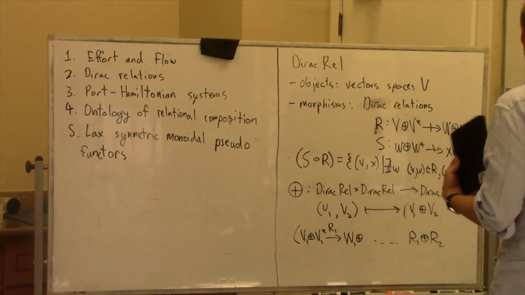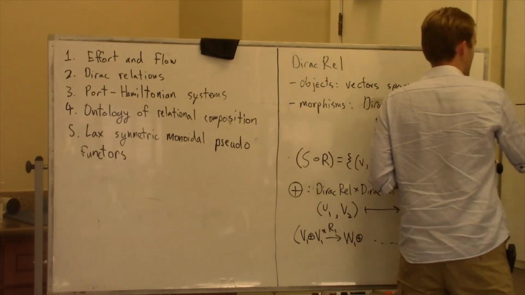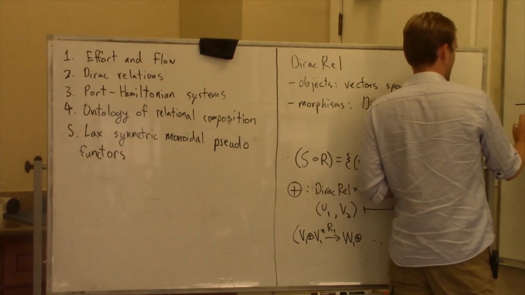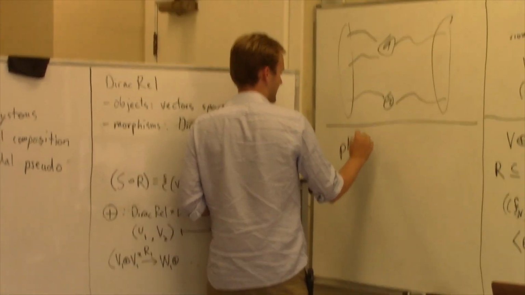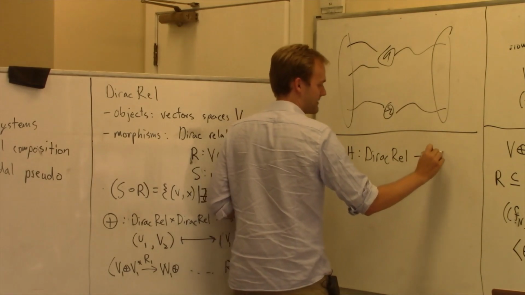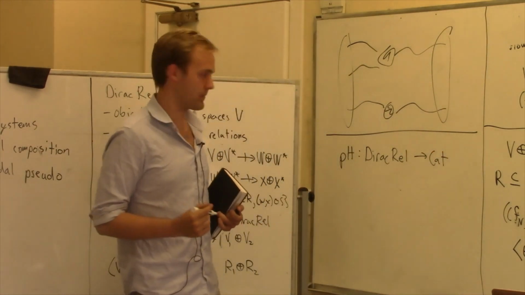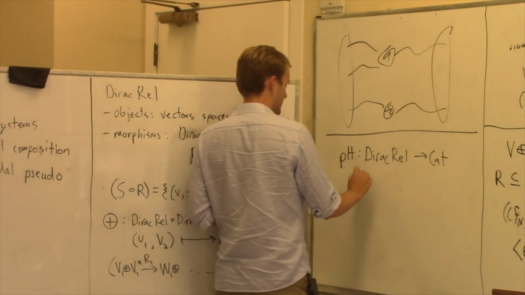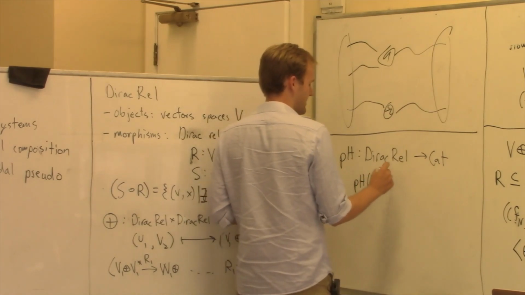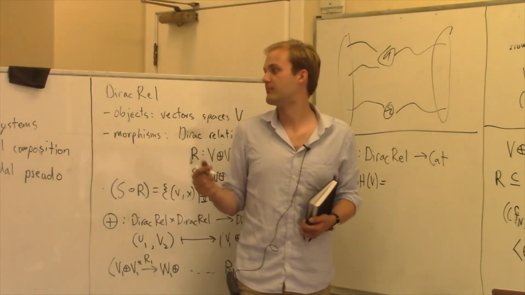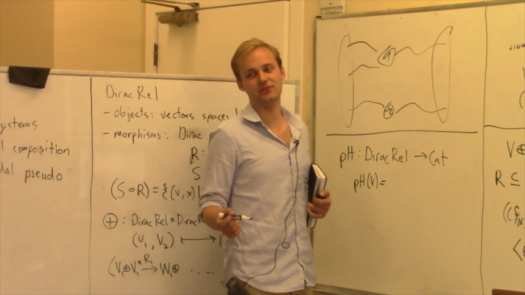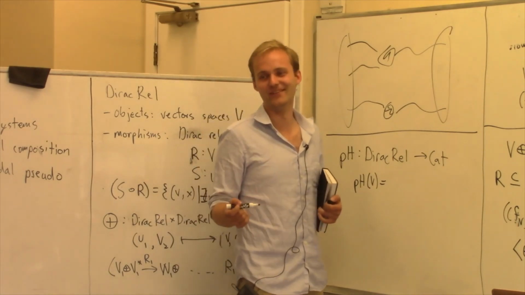So what's the next ingredient? This next ingredient I named specially to annoy chemists. We have a functor pH going from Dirac rel to Cat. And pH of V is the category of Port-Hamiltonian systems with interface V. I'm not going to tell you what the morphisms are because we're running out of time.